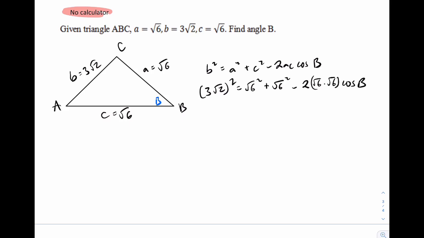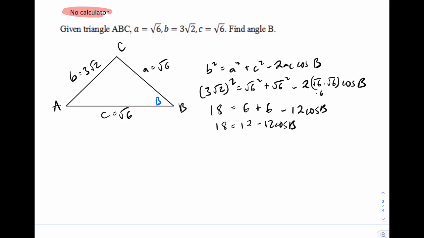Let's evaluate. So 3 root 2 squared, that would be 9 times 2. 18 is equal to 6 plus 6 minus, this will be 6 right here, so that's 12 cosine b. Let's keep going. 18 is equal to 12 minus 12 cosine b.